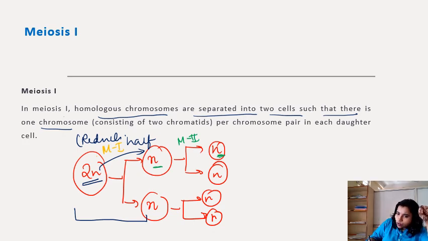This cell has homologous chromosomes, and those homologous chromosomes split off and divide into two daughter cells, right? One chromosome in each cell. Now this will again divide to form two daughter cells, and that is what we call meiosis 2, right? So that is all about the meiosis.